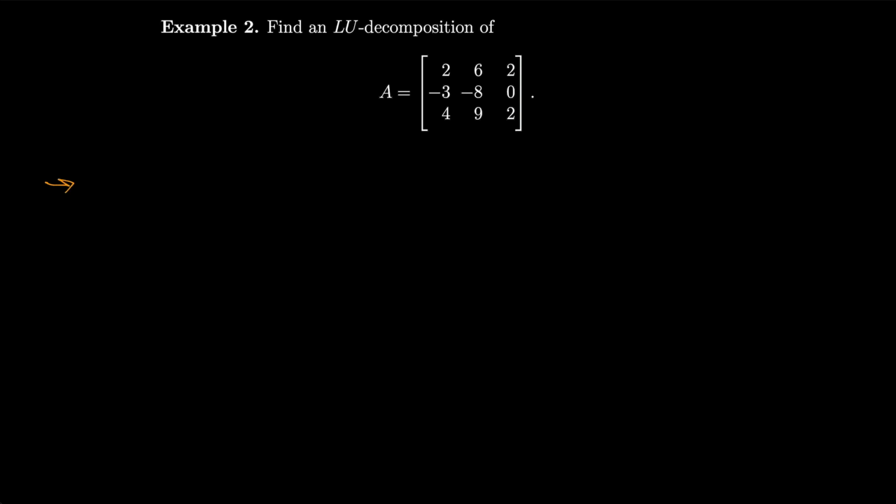Let's start by taking half of this first row. That way I can get a leading 1. So I'll make the top row 1, 3, 1, and keep the other rows the same. So minus 3, minus 8, 0, 4, 9, 2.